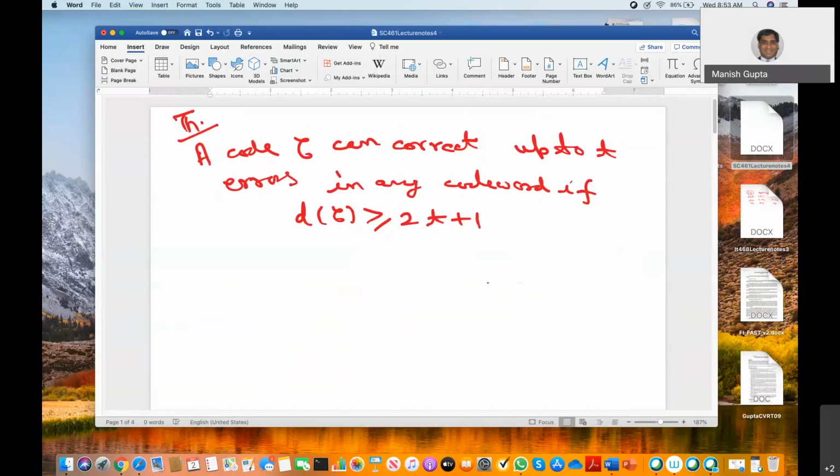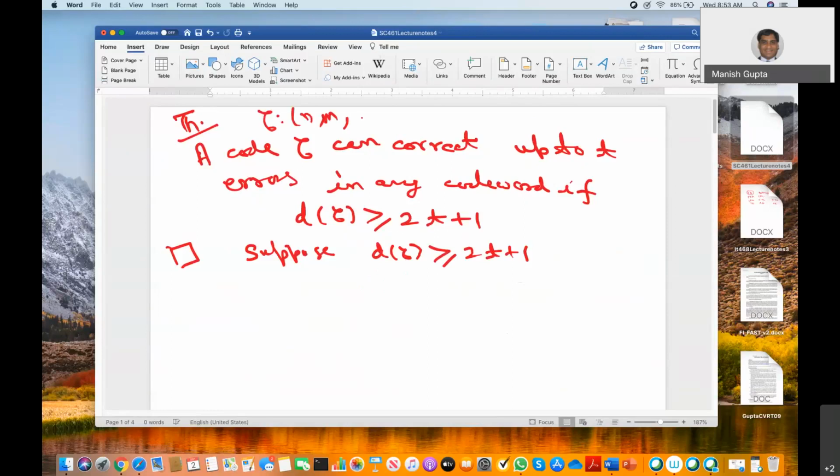Very beautiful result. Let us start the proof. Suppose the minimum distance of C is at least 2T plus 1. We know that the minimum distance is at least d between any two code words. Suppose it is 2T plus 1. C is our n, M, d code, of course.